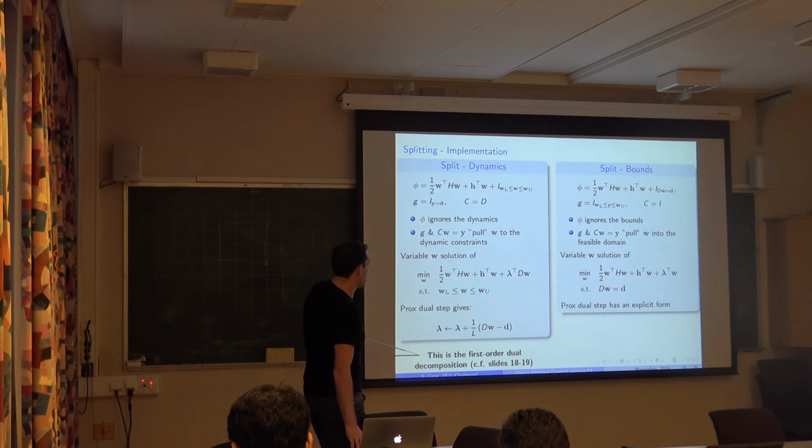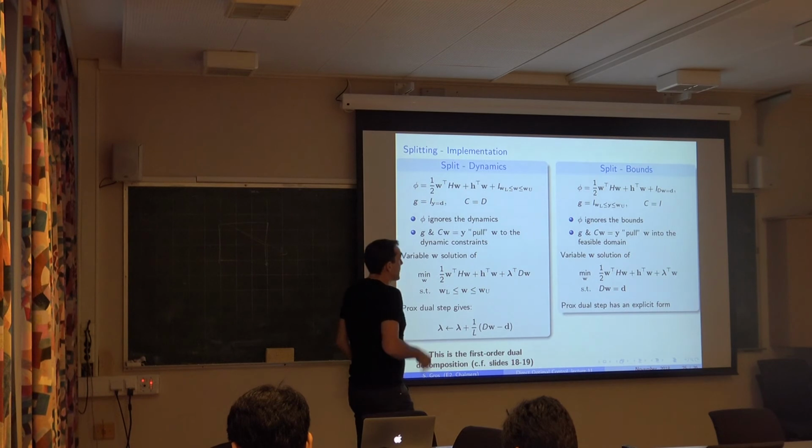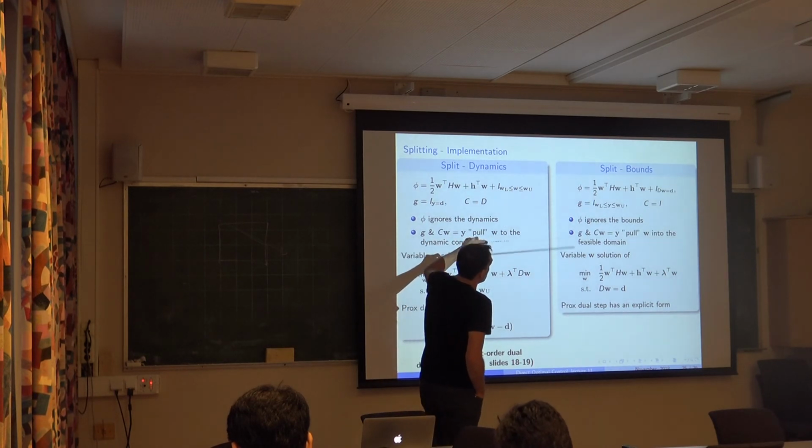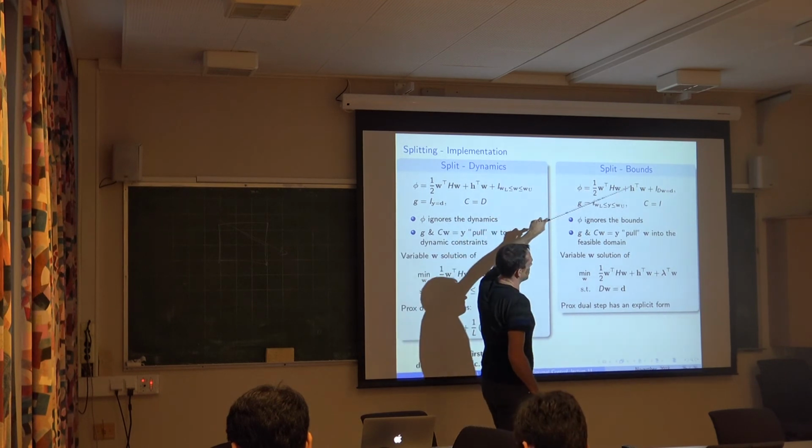We actually saw this type of algorithm before. That's dual decomposition on the MPC problem using the prox steps on the dynamics. That was in some slides before. So that's one way of understanding what happens there. And the second approach is you create one problem that ignores the constraints and only takes care of the cost and dynamics.